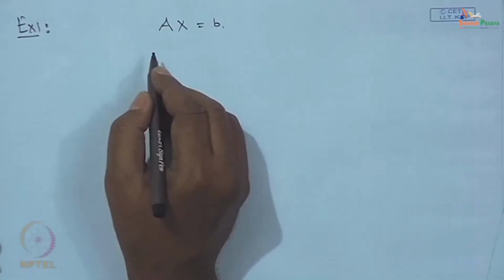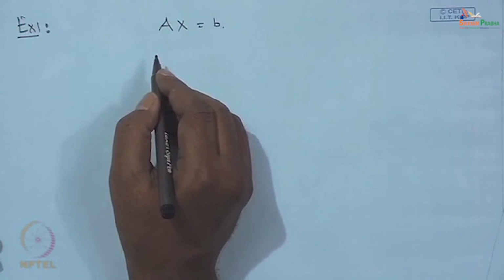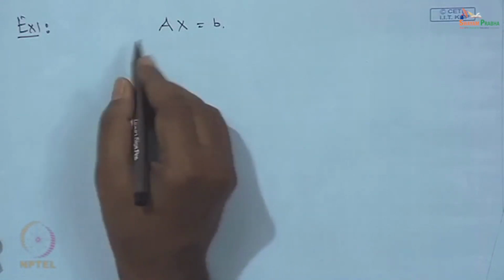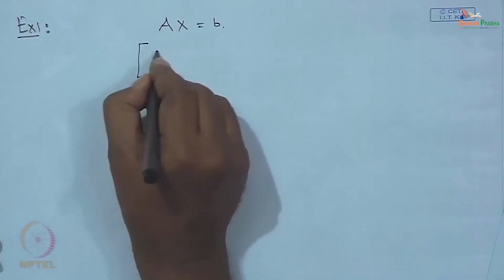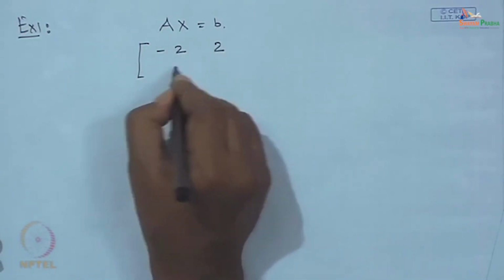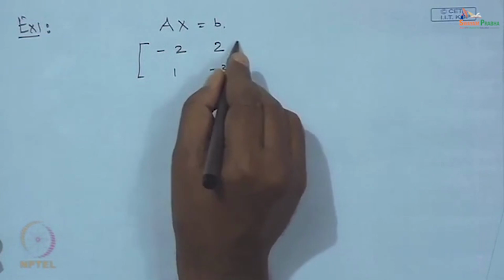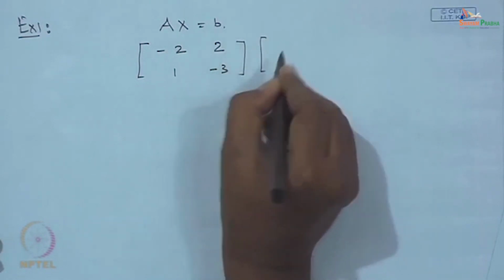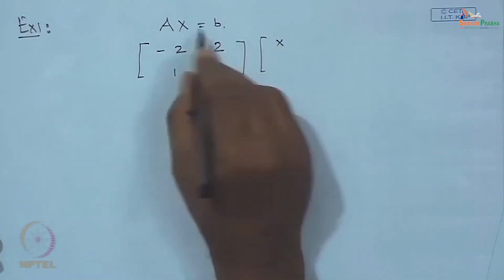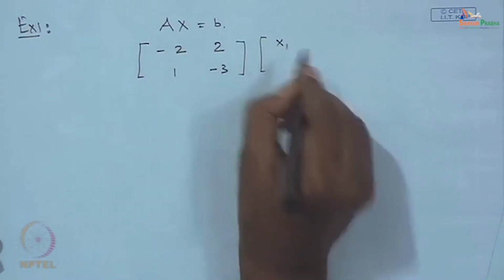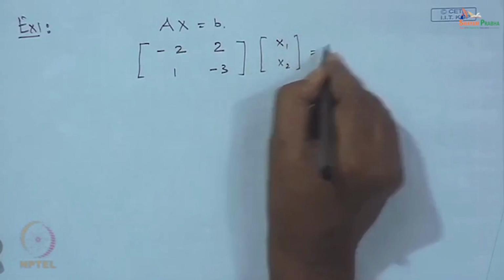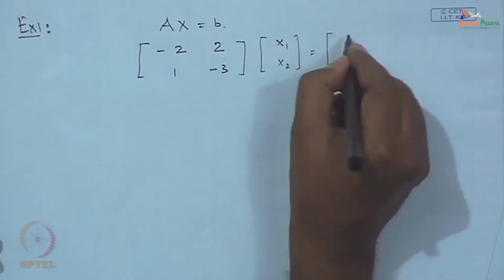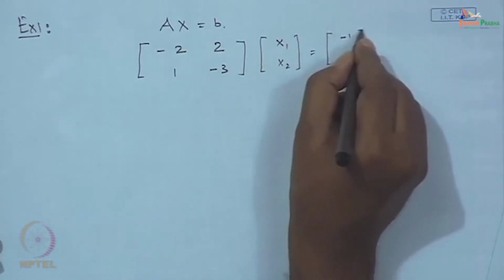solution. So for demonstration purposes, I will be taking up this example A x is equal to b, where the elements of A are -2 and 2, 1 and -3, and the solution vector x will be composed of 2 elements x1 and x2, and b will be composed of -1 and 0.